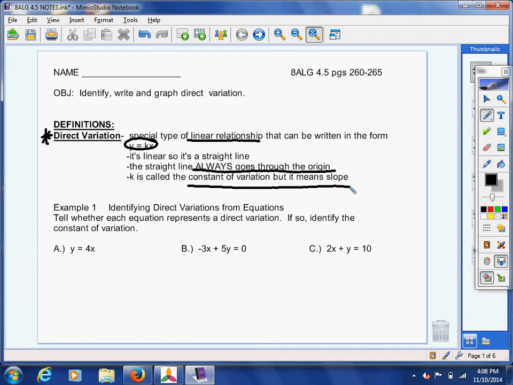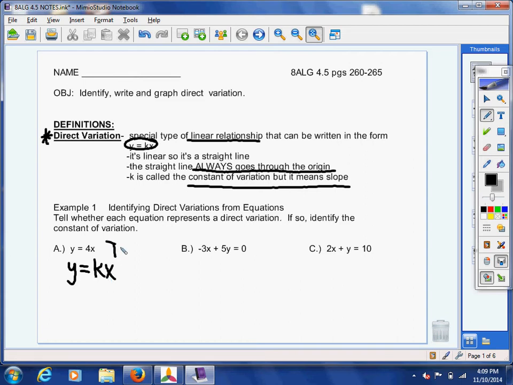Y equals 4x. Now, the first thing I want you to notice is, does it look like y equals kx? Is it in the same format as that direct variation equation? And hopefully you're thinking to yourself, why, yes, it does. So this is definitely a yes.